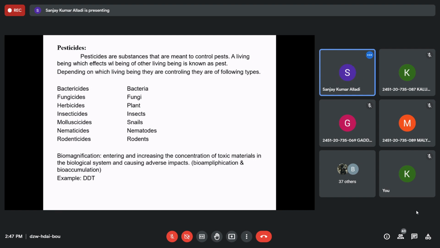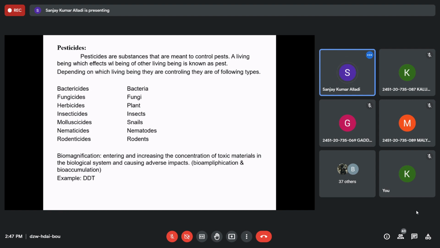And sometimes we see that when pesticide is freshly sprayed on the crop, and that crop is fed on by birds like peacocks, peahens, swans, cranes or other birds, a huge number of birds are dead. We often see such news because of this pesticide.